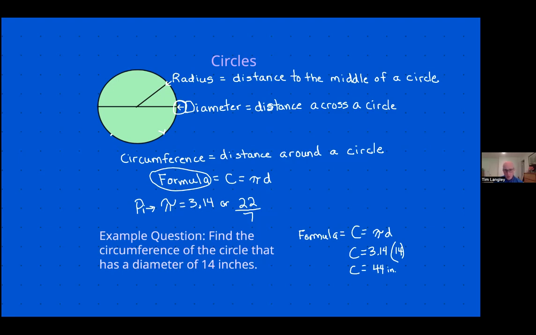Now, some of you are going, what kind of pi are we talking about here? Well, this is a symbol, and the ancient Greeks came up with this. The symbol for pi is, as I've said here at the bottom, pi. That's how to spell it. That symbol means 3.14, and then it goes on forever. They actually have pi contests once a year where people try to memorize the most digits of pi because it keeps going on forever.